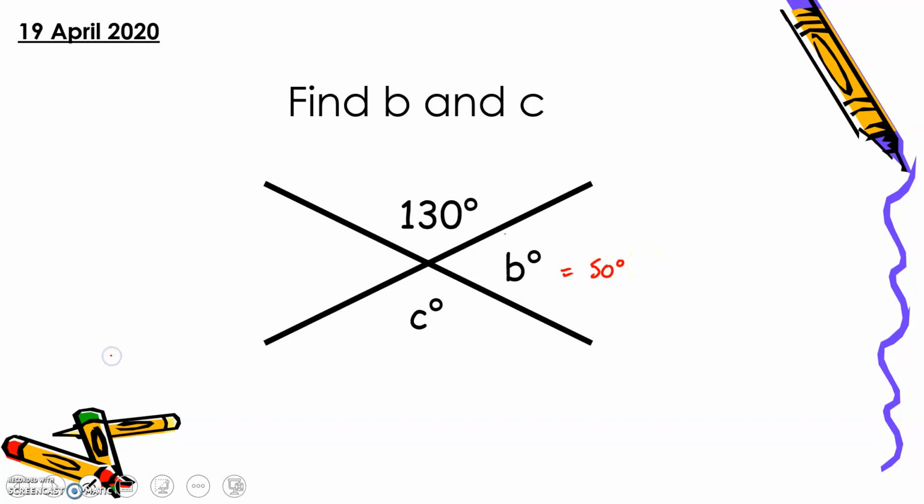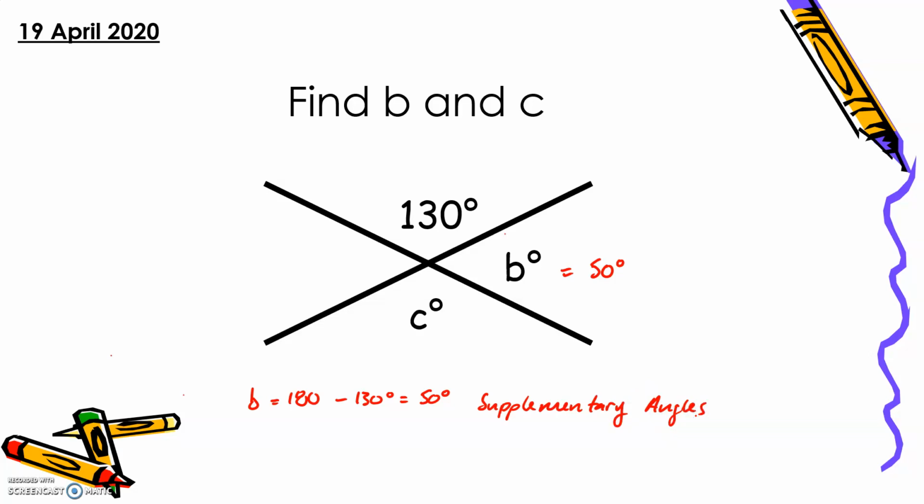And the reason why B must be 50 degrees is because it's on a straight line. So it's 180, take away 130, which is equal to 50 degrees. Now, it's really good to include your reasoning. So we can say supplementary angles.